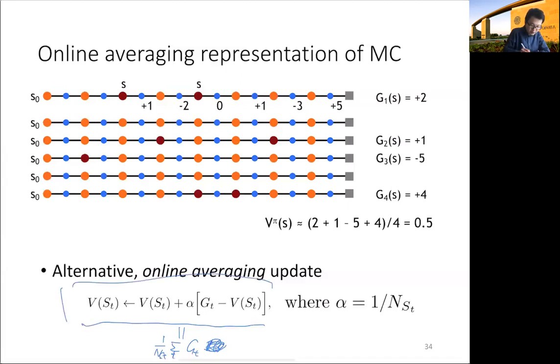We'll see why this formula would inspire us to consider so-called temporal difference learning, because this is really the difference between what we currently believe the value of the state is and the new evidence that we observe from running experiments on the online environment.